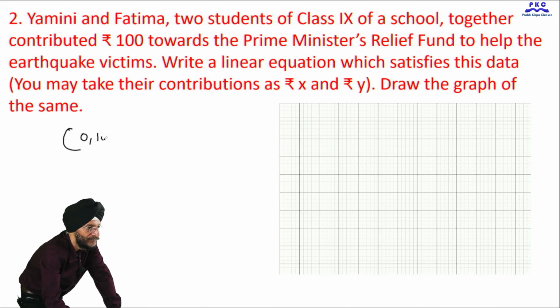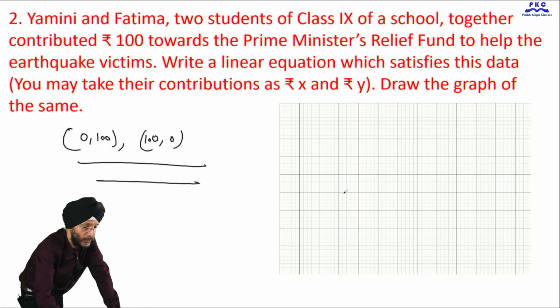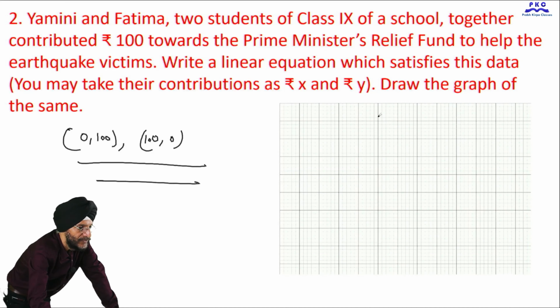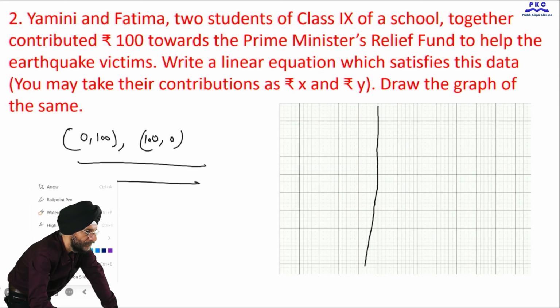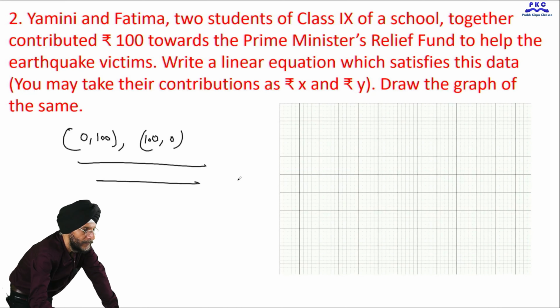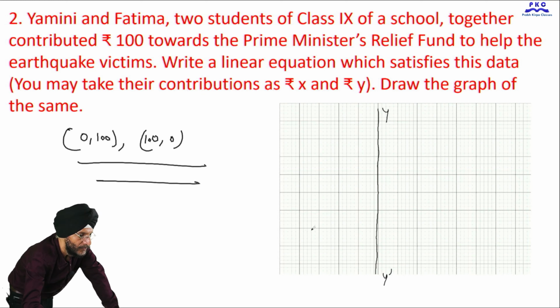When x was 0, y was 100. When y was 0, x was 100. These were the two solutions. Now on the basis of this, we will draw the graph. So this is the y-axis. Now here we will form the x-axis.